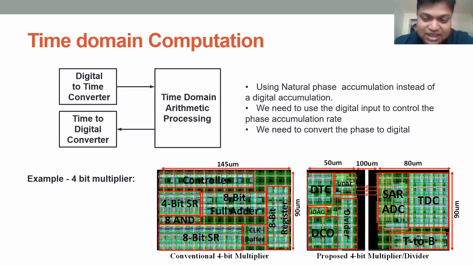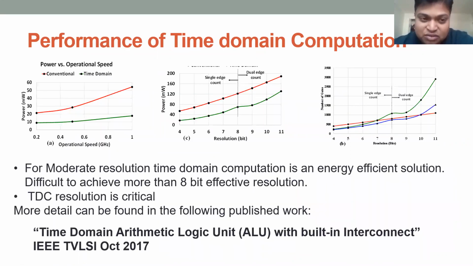So this is just the layout of the block. When we looked at the performance of it, the interesting part is that for high resolution, it's very hard to preserve the resolution in the time domain, at least when it is converted to digital. The TDC resolution would not be there.